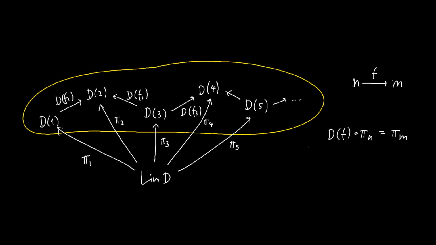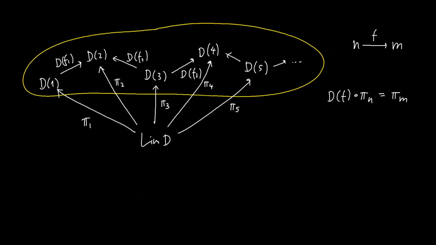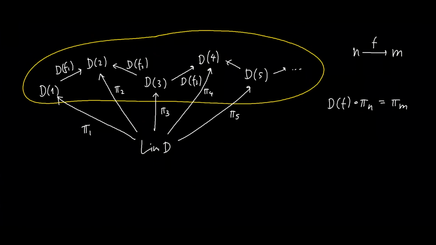So this is supposed to be true for all f's, and this will ensure that all of these triangles that you see in this picture are commutative triangles. So that's my setup for a limit.